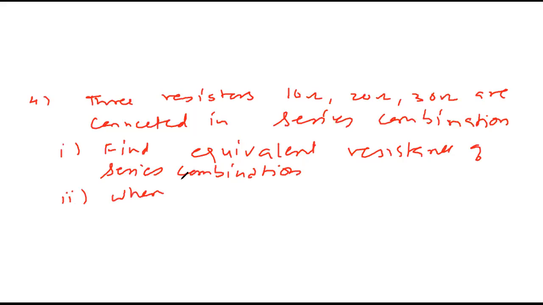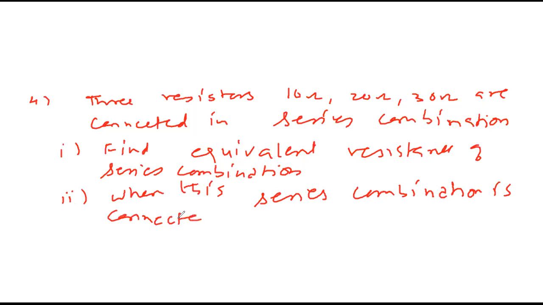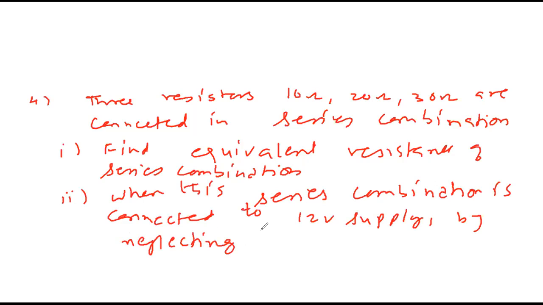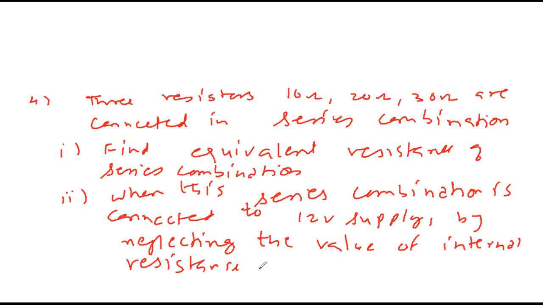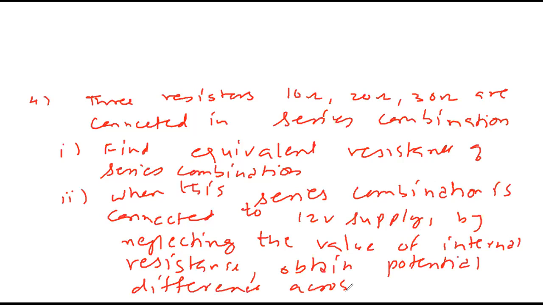Okay. When this series combination is connected to 12 volt supply, by neglecting the value of internal resistance, obtain potential difference across each resistor.